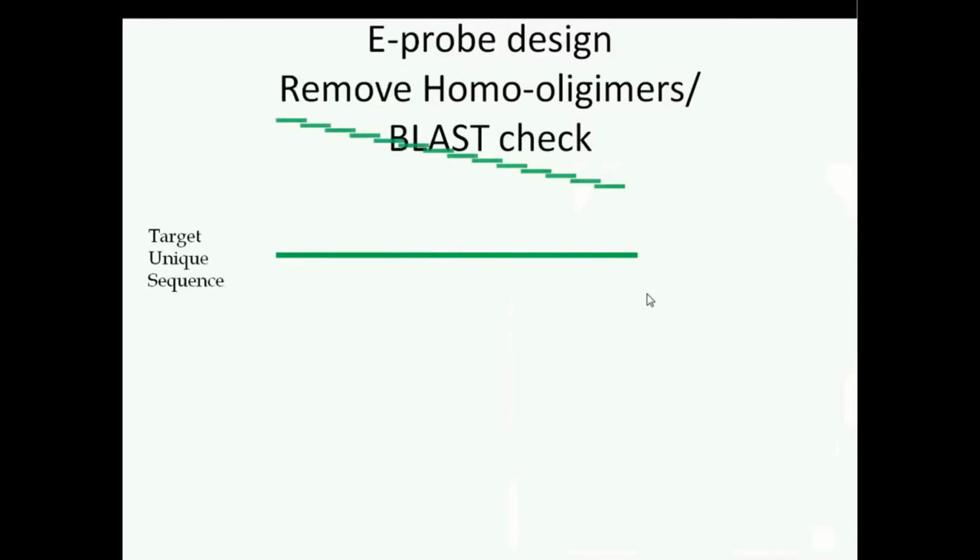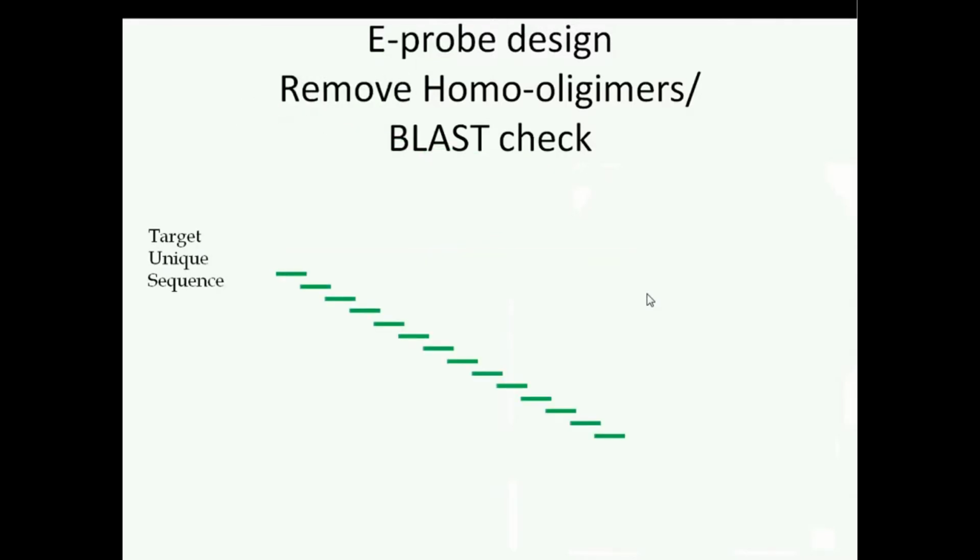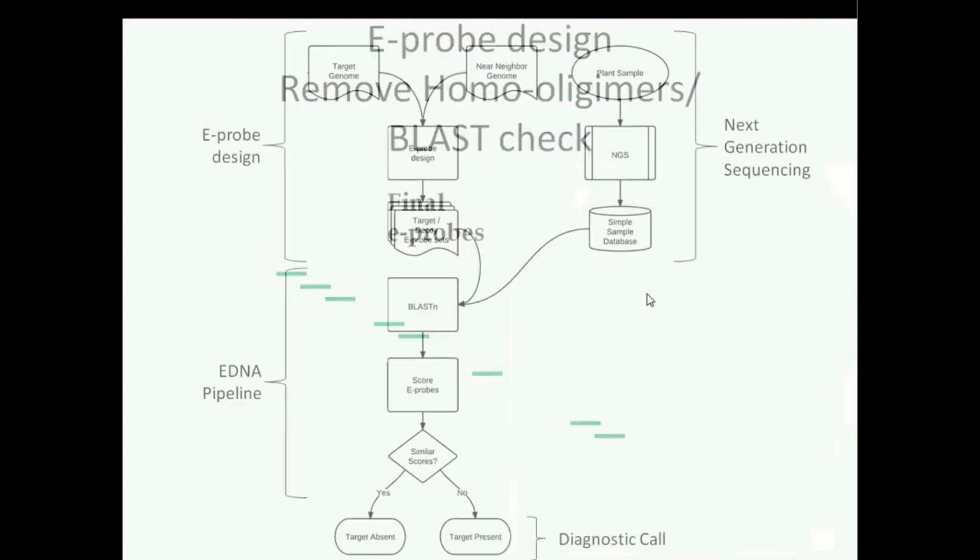These unique sequences then, you remove any homooligomers. We were using 454 sequencing, and homooligomers are a problem with that, so we removed them. But you also do a BLAST check to make sure these pathogen unique sequences aren't hitting on your host or things that are common, zebrafish or whatever.